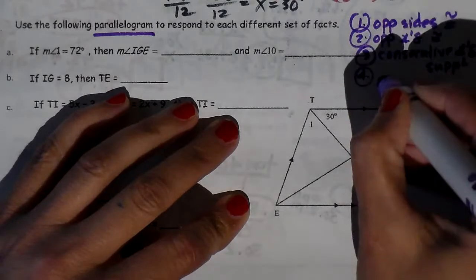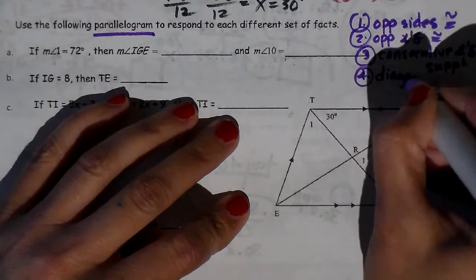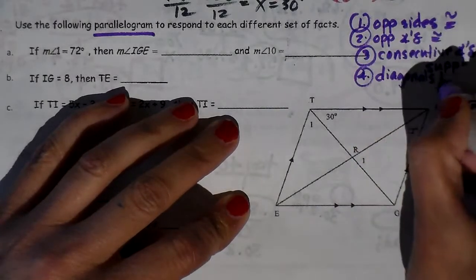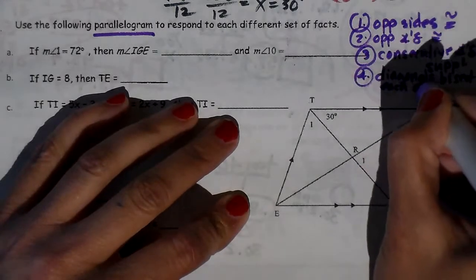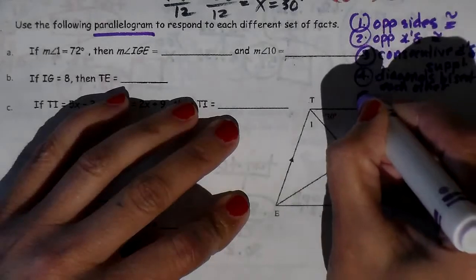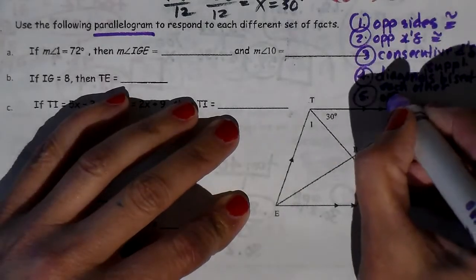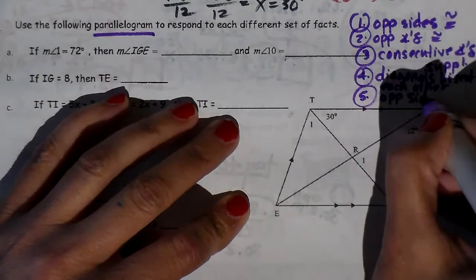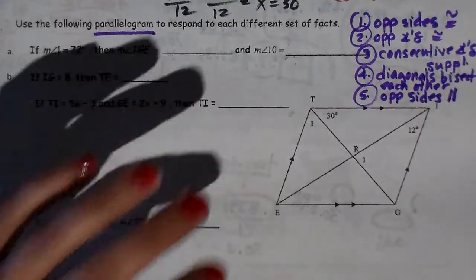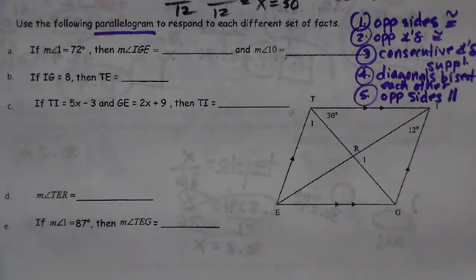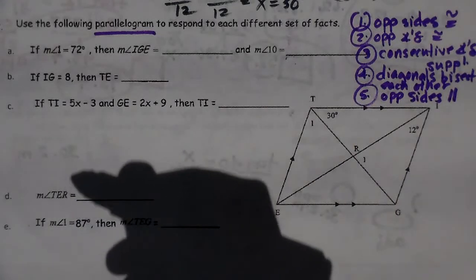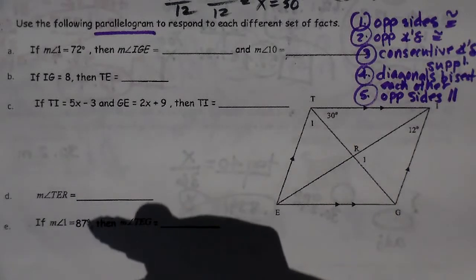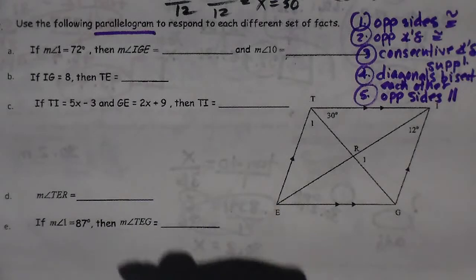The next thing is the diagonals bisect each other. And the opposite sides are parallel. So the opposite sides are congruent, the opposite angles are congruent, the consecutive angles are supplementary, the diagonals bisect each other, and the opposite sides are parallel.